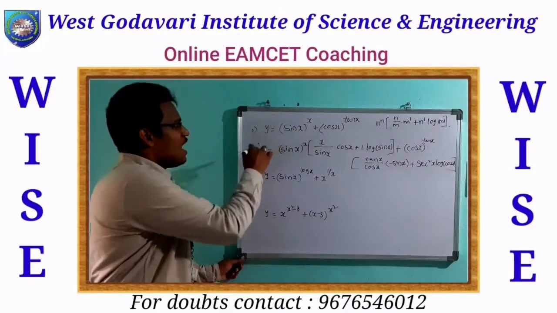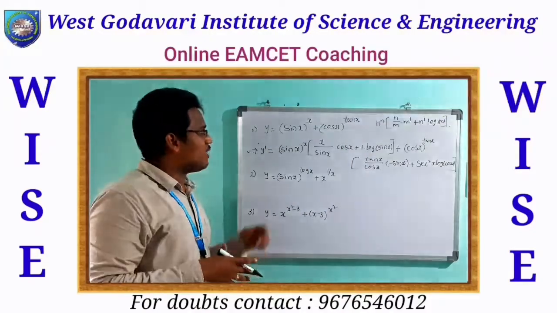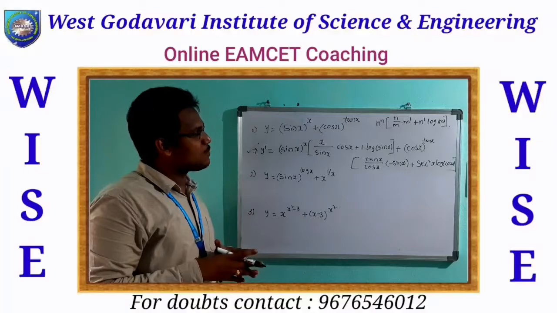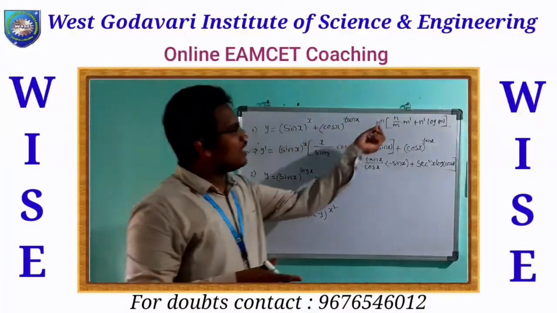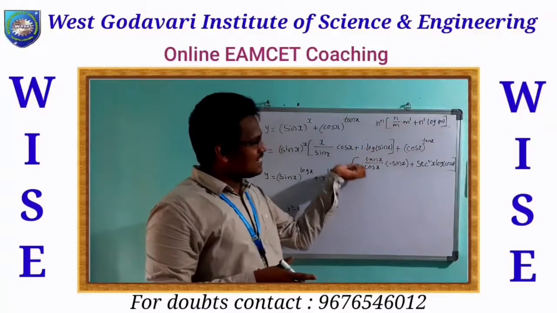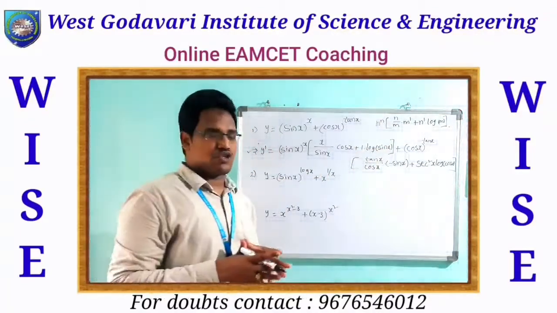So this is the answer for y is equal to sin x whole to the power of x plus cos x whole to the power of tan x. By simply applying this shortcut method, within a single step we get the answer for that question.